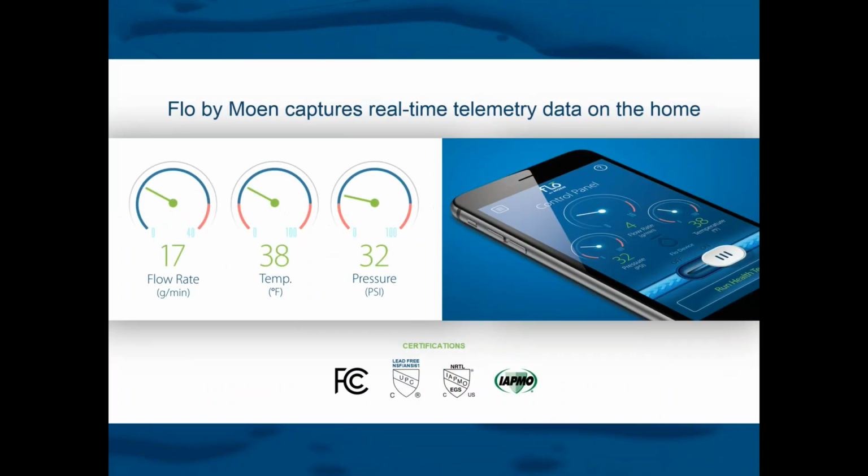One of the features of the device is you can get real-time data on how you're using your water in your home. The reason that pressure and temperature is really important, I started by saying that we're really focused on preventing loss in people's homes, and part of how we do that is we try to prevent leaks from even happening in the first place.